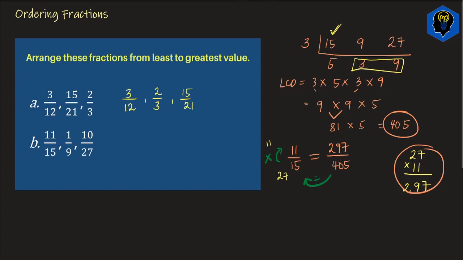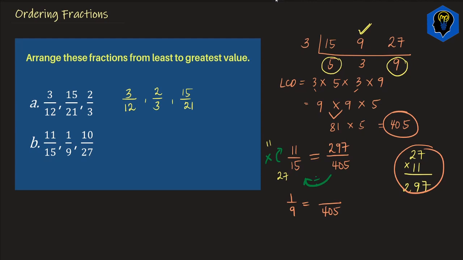Okay? Now, next fraction is 1 over 9. We convert it to a fraction with a denominator 405. So, again, balik tayo dito sa continuous division natin kanina. So, this is 9. So, what you need to consider only is 5 times 9. And what is 5 times 9?